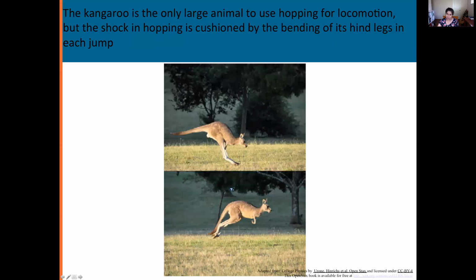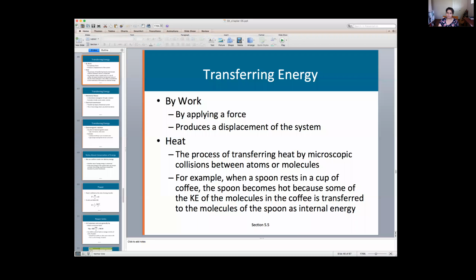The only known animal that hops as its main source of locomotion is the kangaroo. It's a marsupial, and it has specially designed hind legs to be able to cushion that landing because it's going to absorb large forces each time. Okay, we stop.